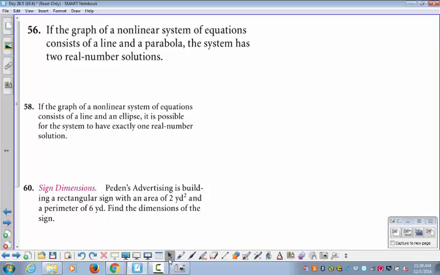No. By now we're really good at visualizing what's going on here. If we have a line and a parabola, you can all imagine a system where there's no solutions, 1 solution, or 2. Those are the only cases here. You're either going to have 0, 1, or 2. No more. Only 2 choices.